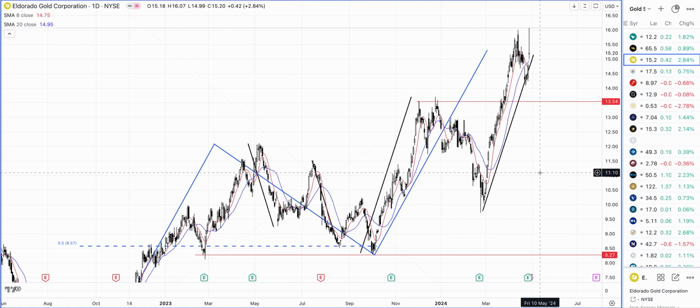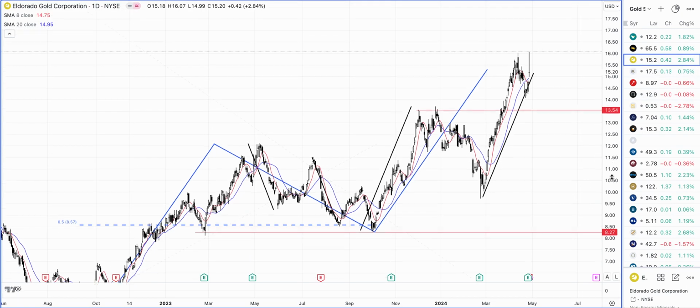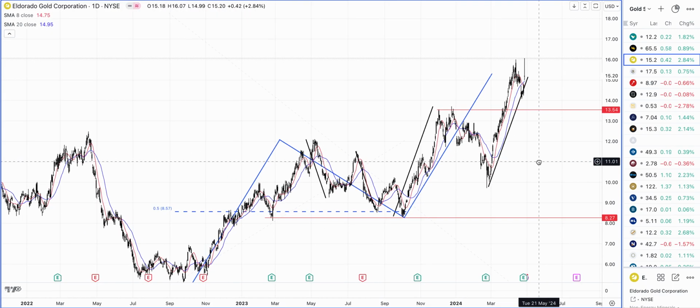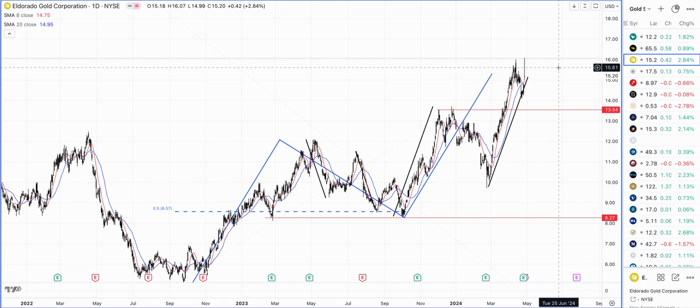This one is the El Dorado Gold Corporation. We also took a look at this one, and we were watching for this ABCD formation. We have multiple ABCD formations completing at 1529 and just below 1512.